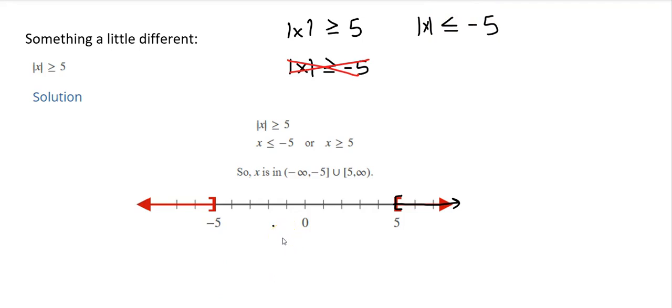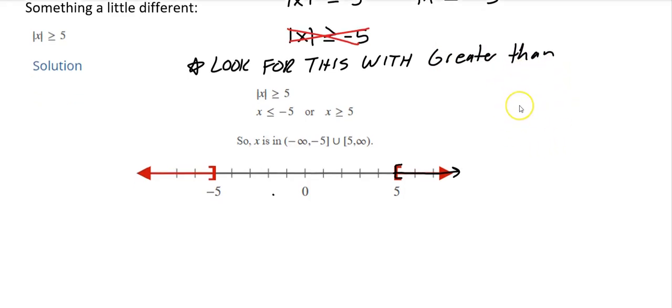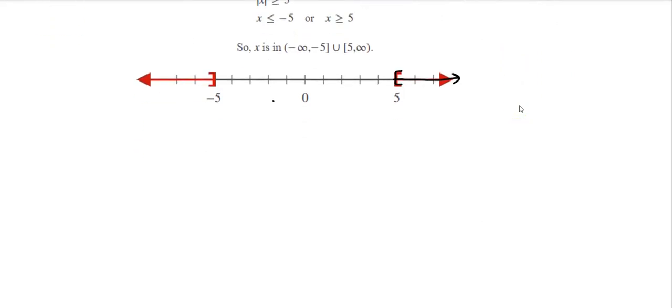So I hope that makes more sense. Just remember, you need to look for this when you have a greater than.